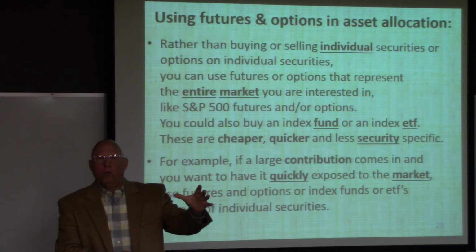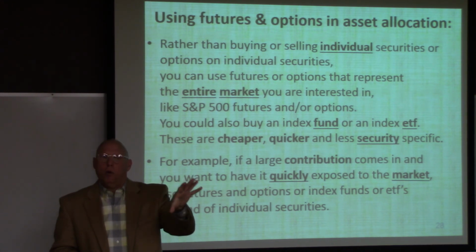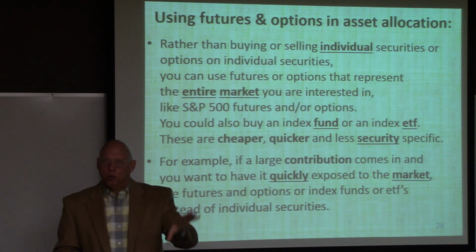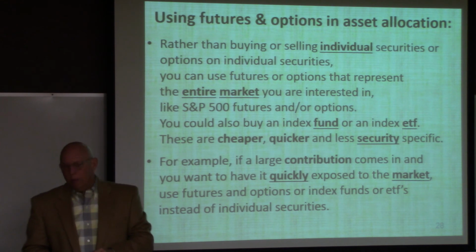So you can put that money to work, lower the risk of being out of the market, and then take your time to buy individual securities. You can identify the individual securities you want, how many, and what weighting for each, and then do individual trades without missing out on what might happen in the market.